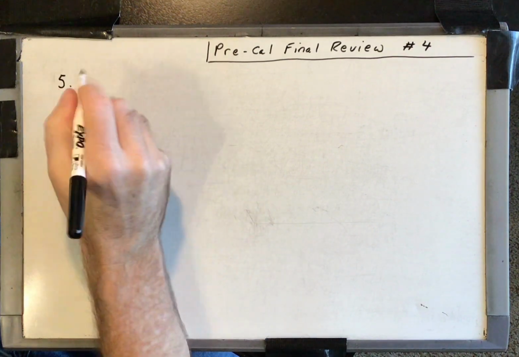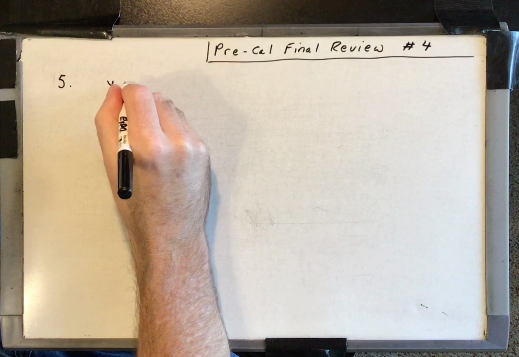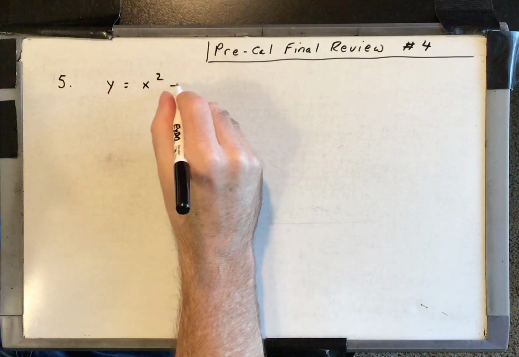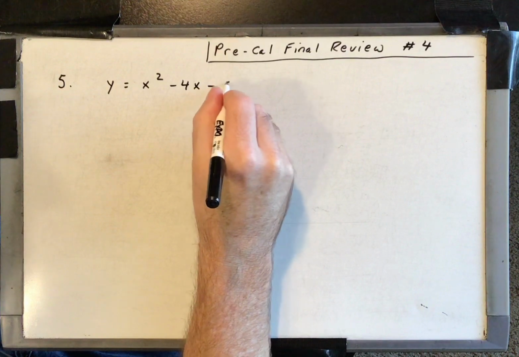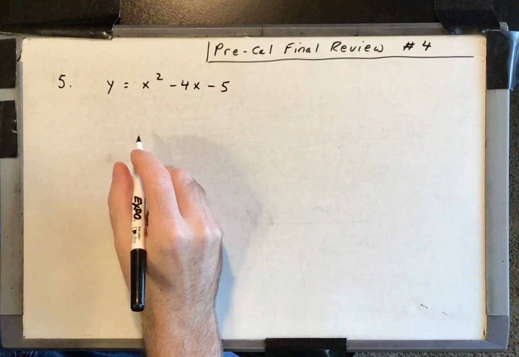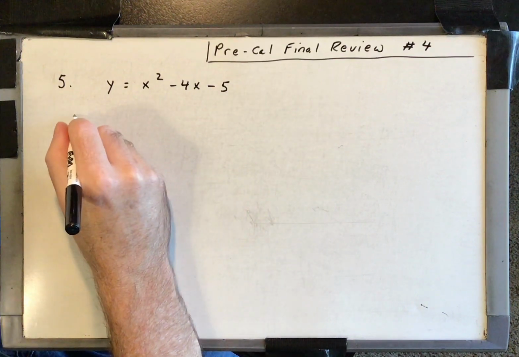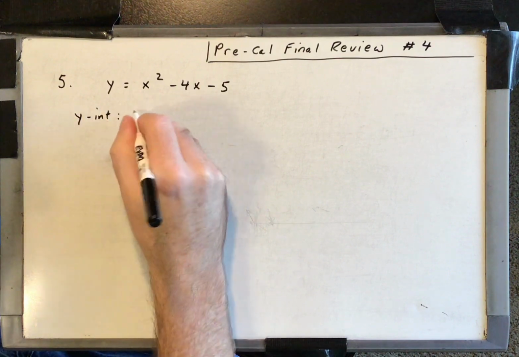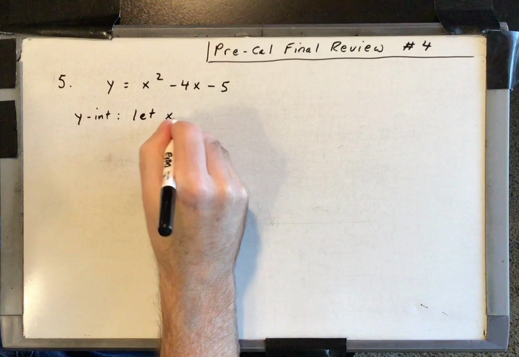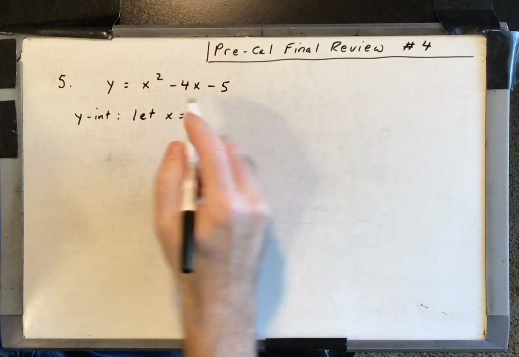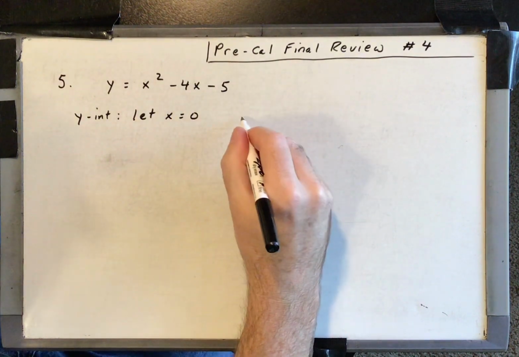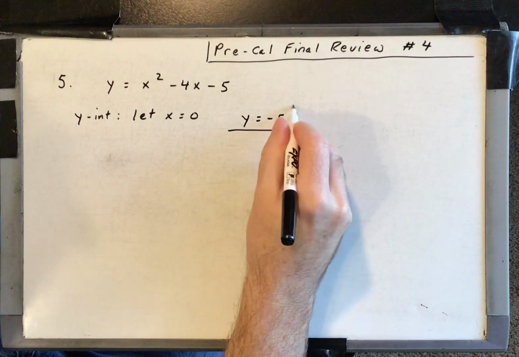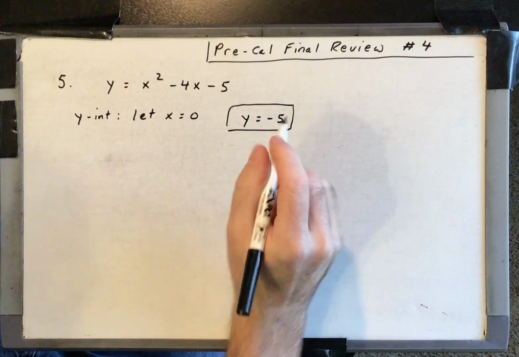Number 5, we want to get the x and y intercepts of y is equal to x squared minus 4x minus 5. In order to get the y-intercept, we let x equal 0. So if we let x equal 0, then y is just going to be equal to negative 5. That's our y-intercept.